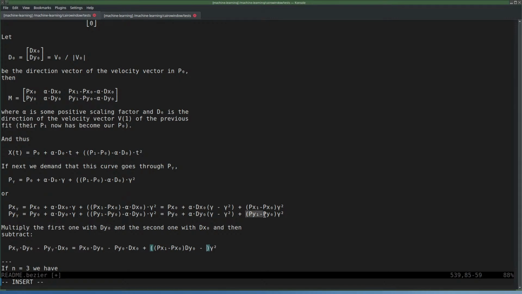Subtract this times dx0. No, then it's even easy. It's just gamma squared. So you can solve gamma squared and then you have gamma after taking the square root.